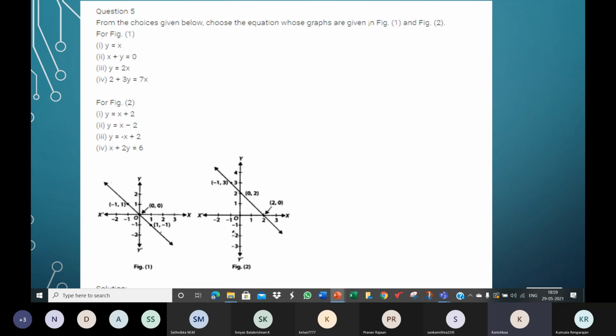Ma'am, for the second figure, y is equal to minus x plus 2, ma'am.